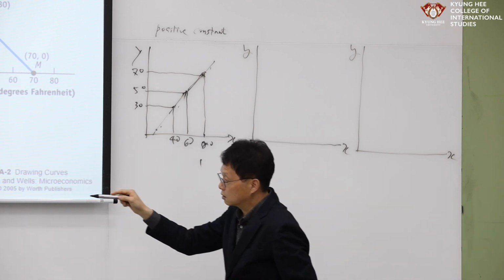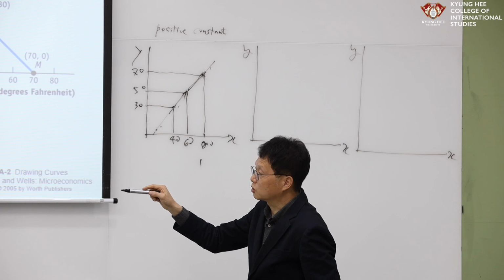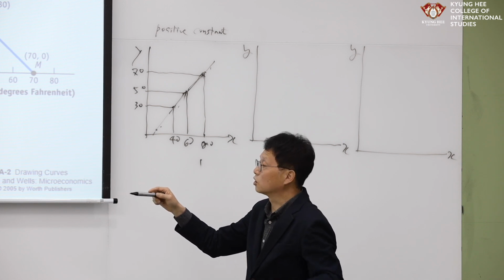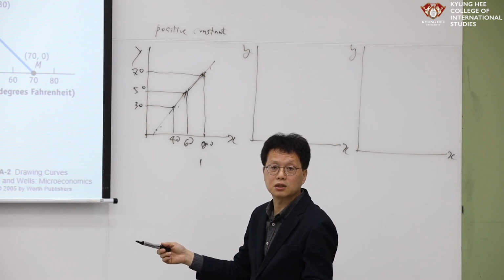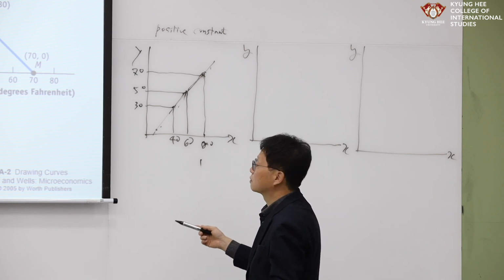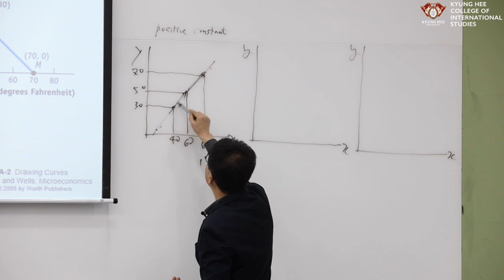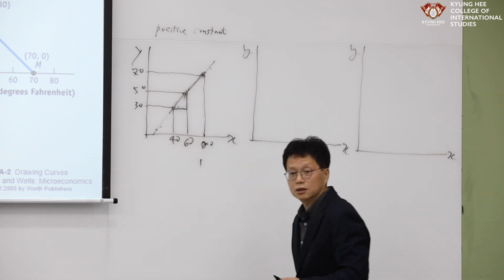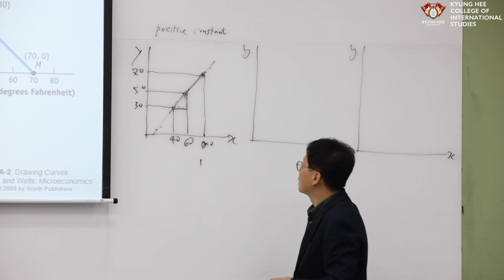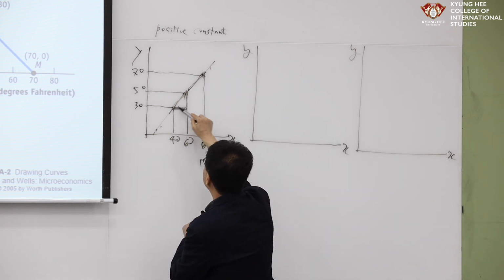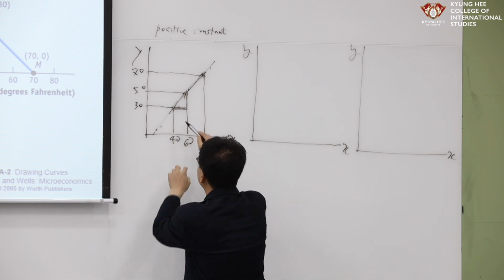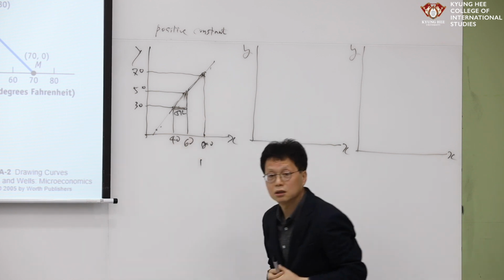Anyway, think about the definition of changing rate and slope in mathematical terms. Geometrically, this changing rate can be explained using this. For example, you're moving here to here, then we can make this kind of triangle, isn't it? Right? And what is this? The width of this triangle is 60 minus 40. That is the definition of change in x.